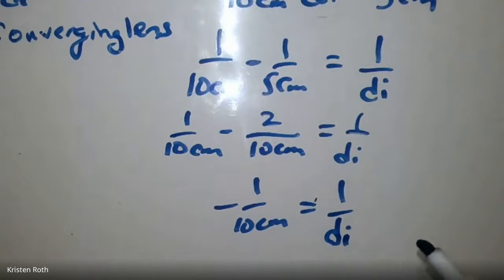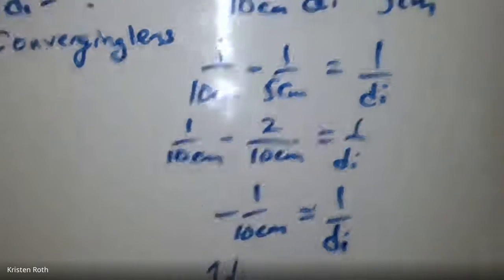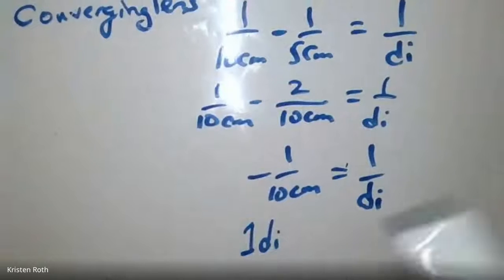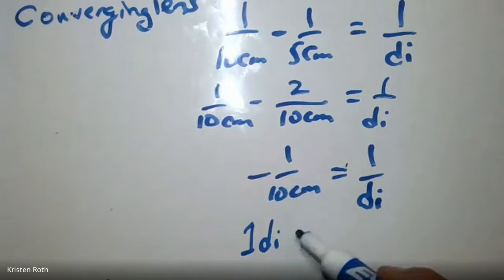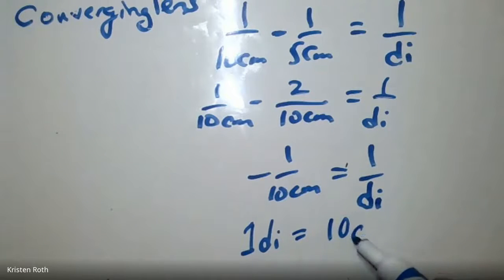And when we end up with this, how do we get it out from being a fraction? You have to cross multiply. So 1 times DI, and I'm just going to do this just so you can see it, even though you don't need to put the 1 there. I just want you to understand the cross multiply. And then 10 times 1. But it's a negative, so that carries over.